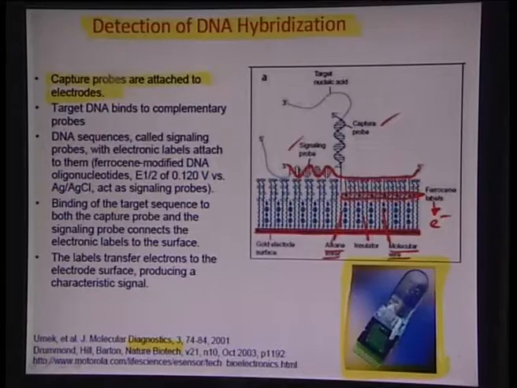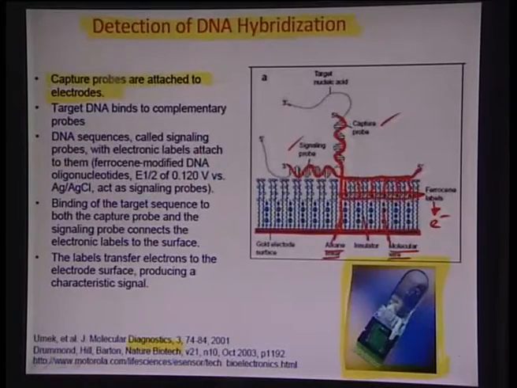Let us see how. So, you have a certain sequence in the capture probe and a certain other sequence in the signaling probe. Now, these sequences can be altered in a manner that a large single stranded DNA molecule can bind to both the capture probe as well as the signaling probe.